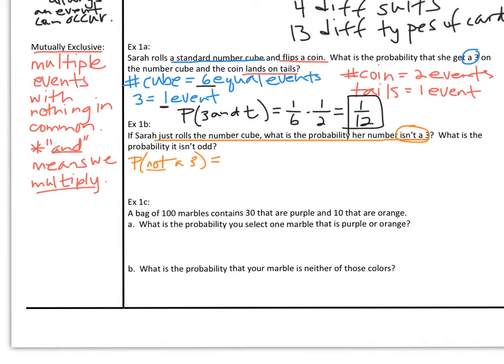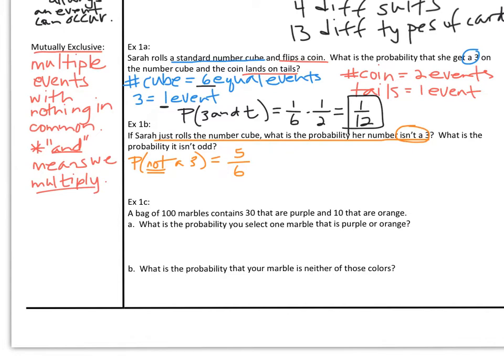If there's a 3 on there, how many sides are not 3? That'd be 5. That means she could roll 1, 2, 4, 5, or 6, and those numbers are not 3s. There are 5 ways her event could happen out of 6 possible ways that number cube could land. It's pretty likely she's not actually going to get a 3, isn't it?